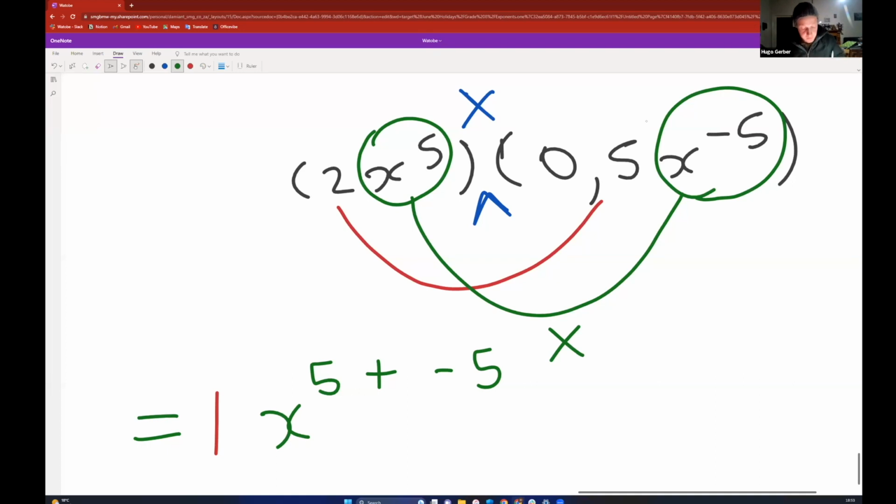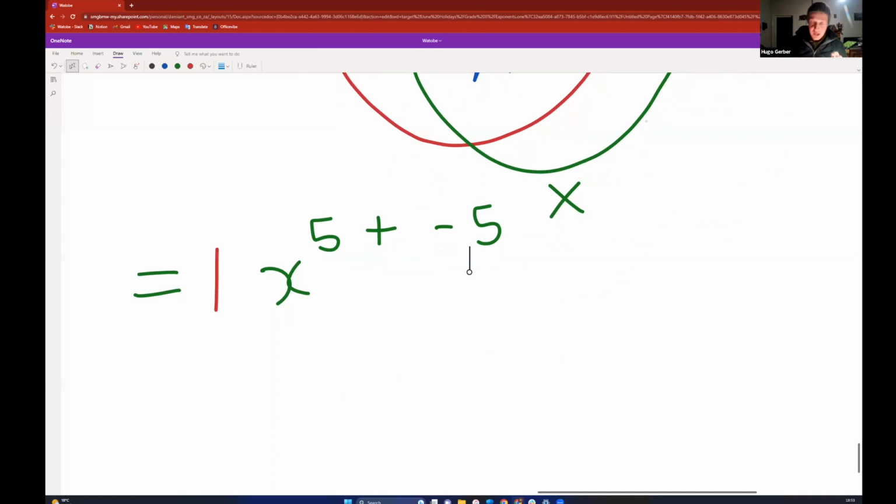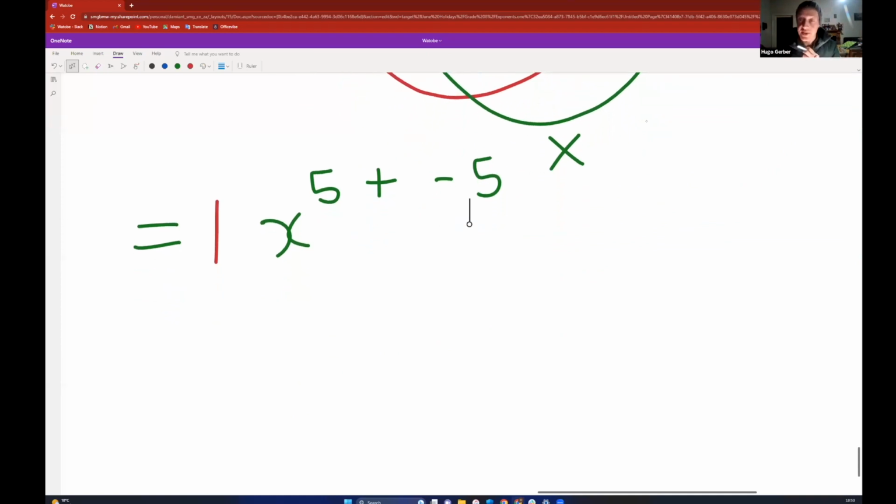Now, let's remember, 2 signs next to each other, they need to battle. Which sign always wins? The negative. Okay, that means I have equal 1x to the power of 5 minus 5.